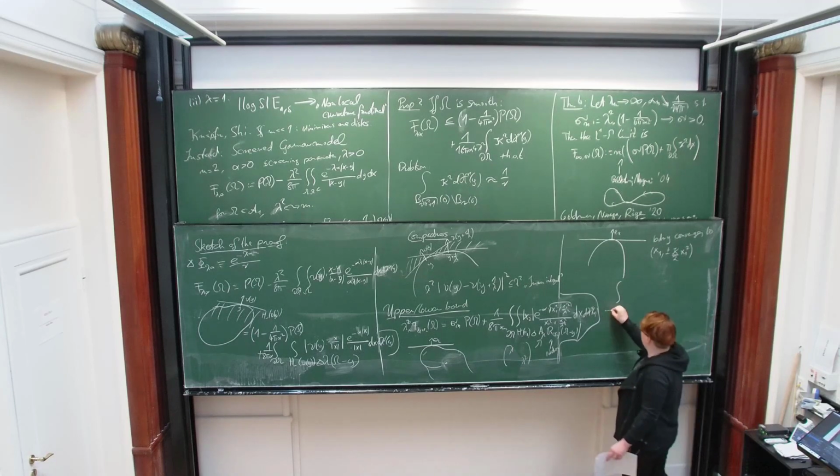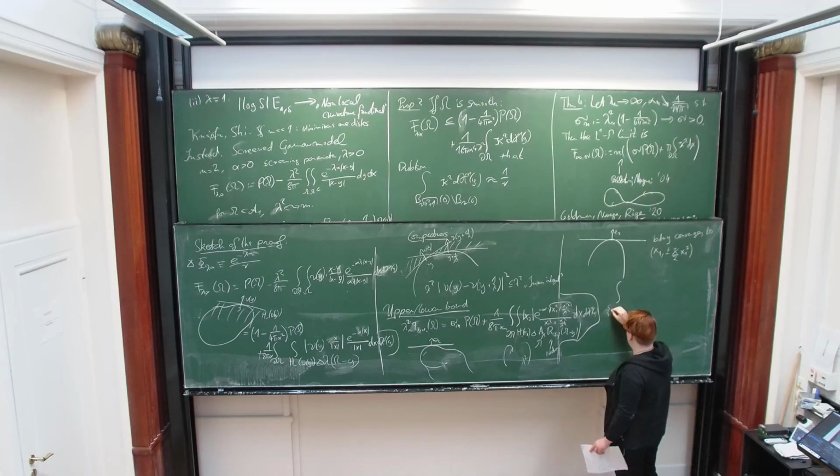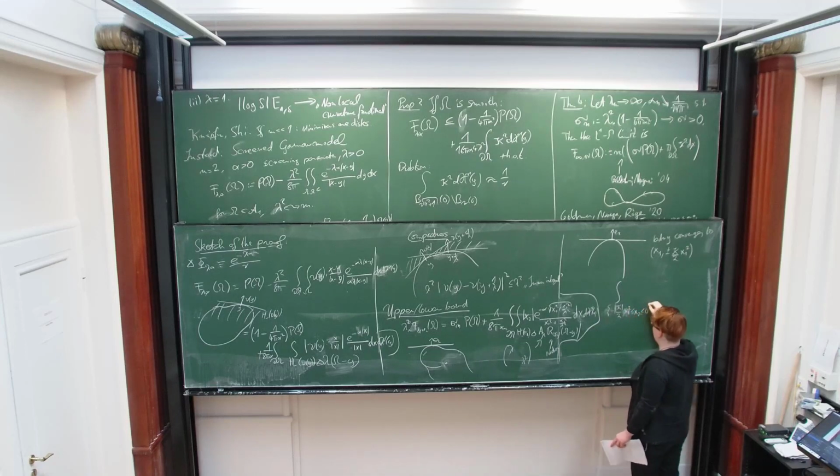So in the limit you expect to integrate over the parabola, say something like this: x1 squared less than or equal to x2 less or equal to 0.